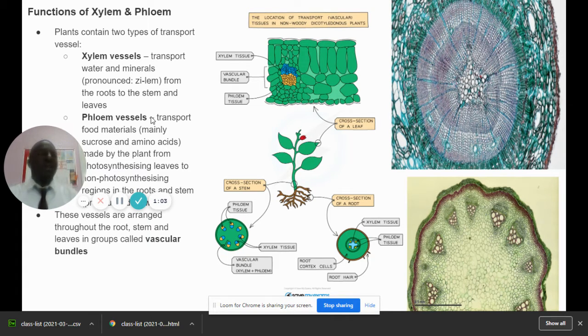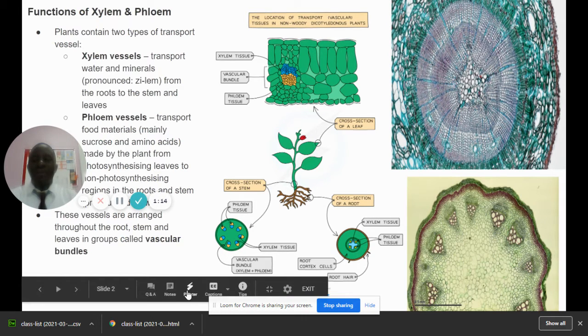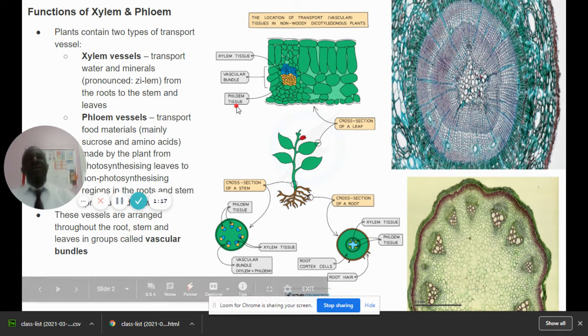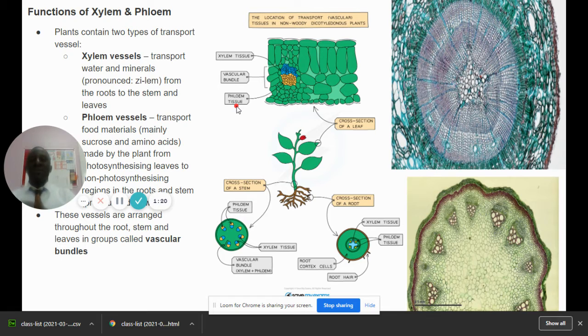The first of the components of the system refers to the xylem vessels, and the phloem vessels. The xylem vessels are responsible for transporting water and mineral salts from the roots to the leaves of a plant.